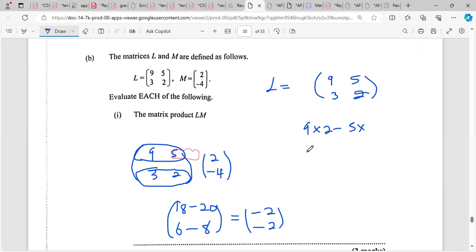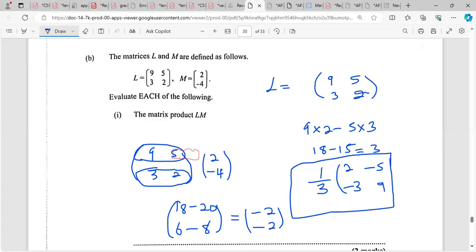I love that they didn't put any negative in there. 9 times 2 is 18, minus 5 times 3, minus 15. So this gives us a determinant of 3. And of course it's 1 over 3. We're going to swap the positions of A and D, so 2 goes there, 9 goes there, 5 goes here with a negative, and we have negative 3. That would be the inverse. This wasn't so bad at all. Well, this question, guys, not the paper.